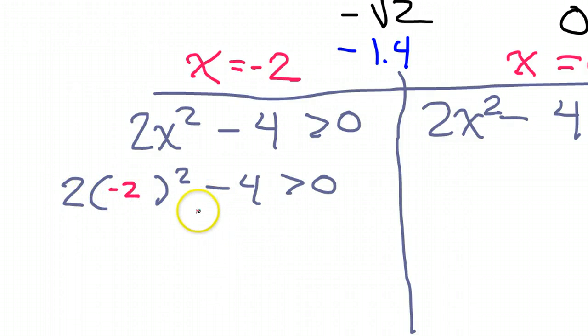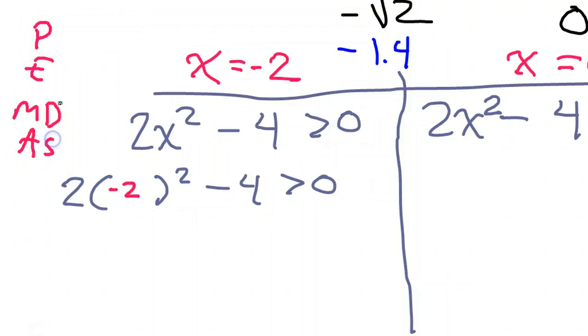Now, be careful of your order of operations, guys. Do not multiply first and then square it. Please excuse my dear Aunt Sally. Parentheses, exponents. So exponents come before multiplication. We have to square it and then multiply by 2.